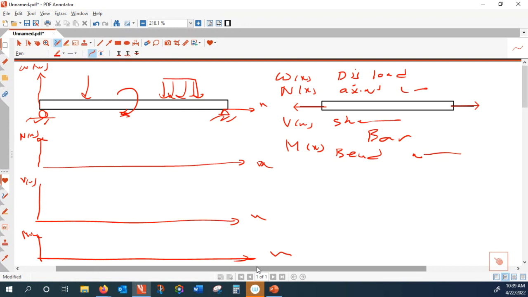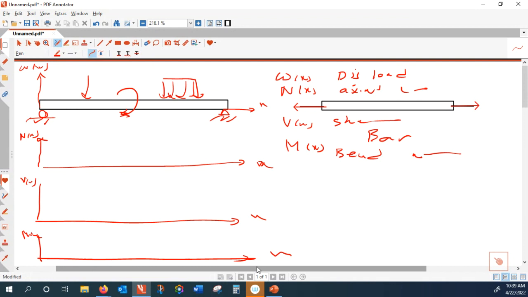So well, first of all, N(x) is not really important. That's something simple to take care of. But if we are strictly talking about the internal forces, yes, axial forces also are classified as internal forces. But in the case of the beam structure, the most important ones are V and M. So now you ask yourself why w(x) is also a part of this family.